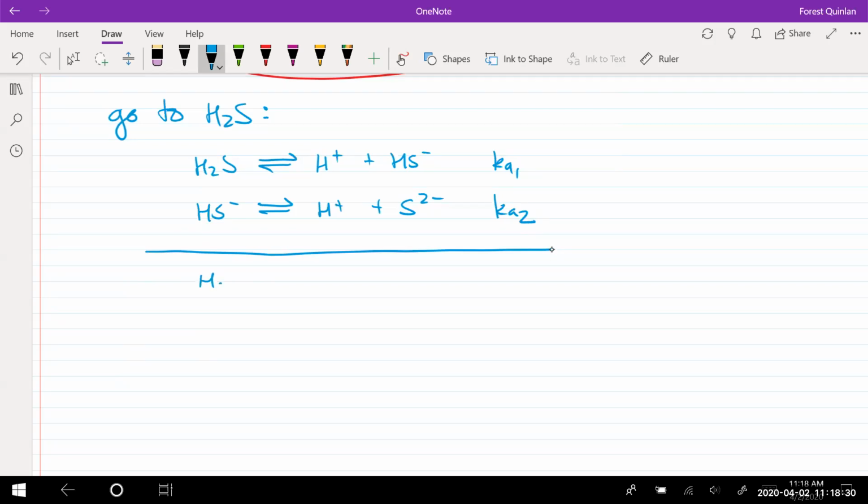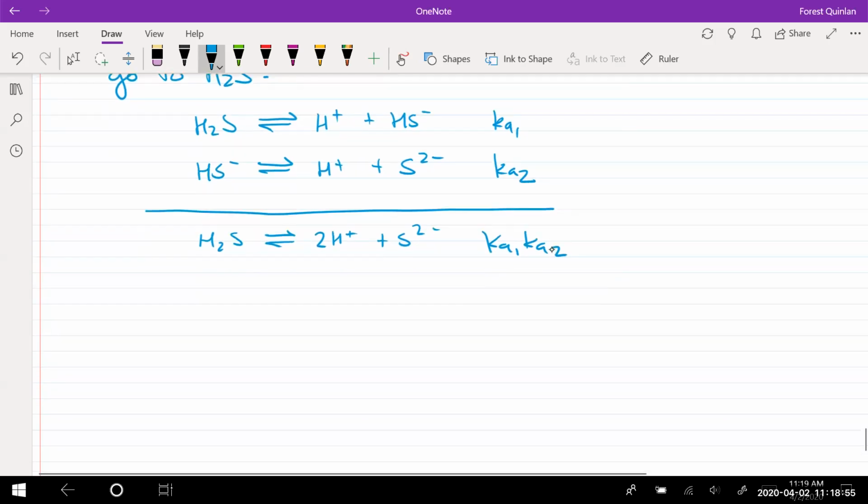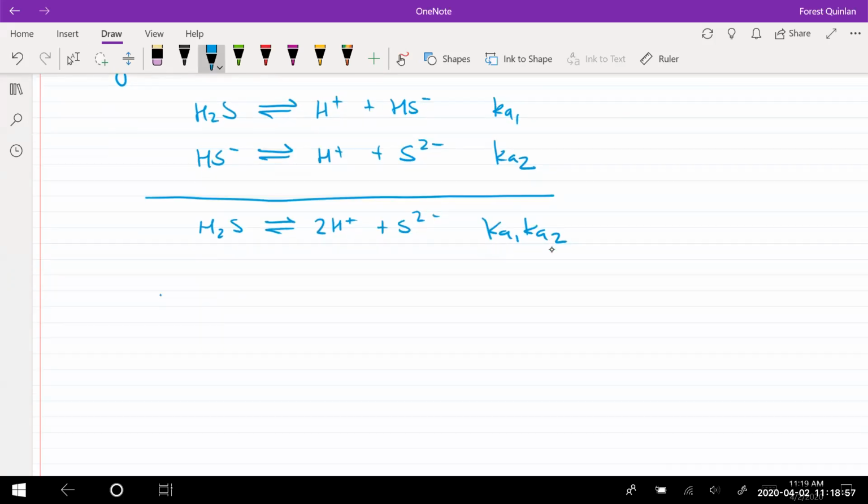We have H2S makes two H pluses and an S2 minus with a value of Ka1 Ka2. Nothing new, nothing exciting. We've done this. But we can write the equilibrium expression for this now. And that would be the Ka1 Ka2.